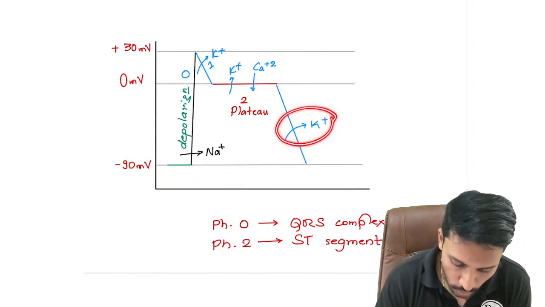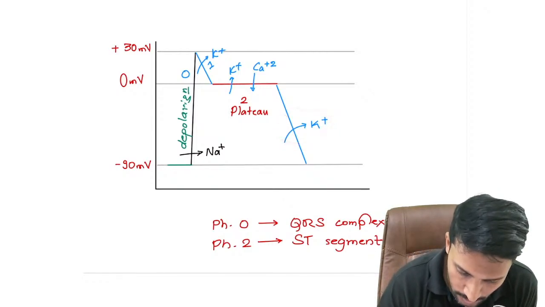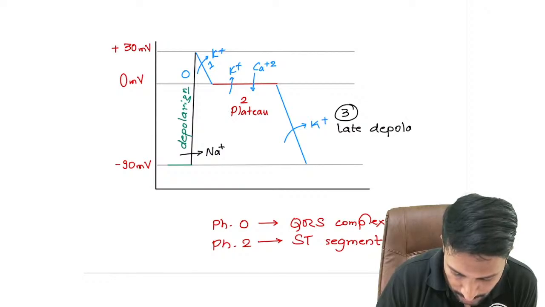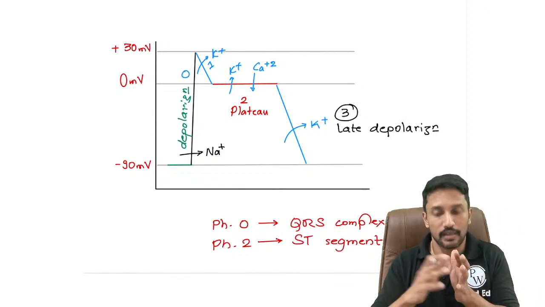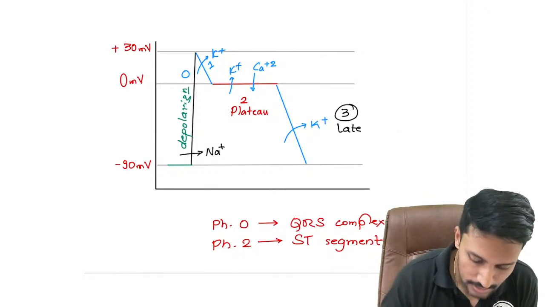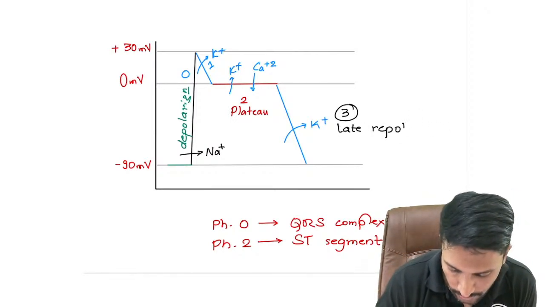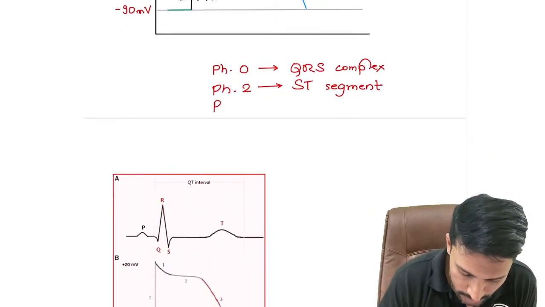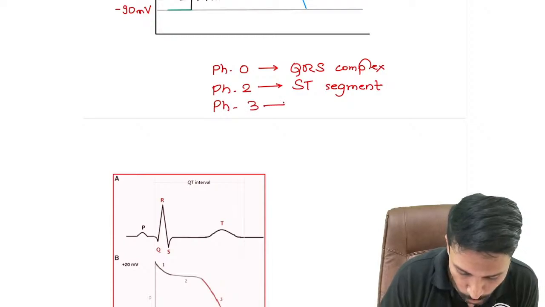This phase we are going to call phase 3, or we can call it late repolarization. Late repolarization will reflect on the ECG as the T wave. Phase 3 is late repolarization. It will reflect on the ECG as the T wave.